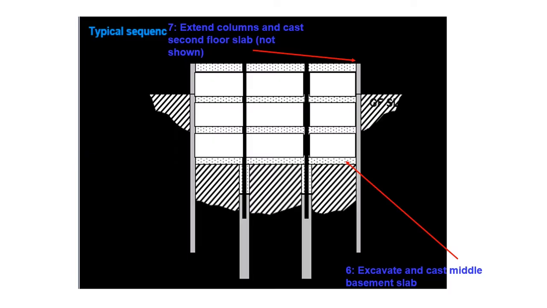Dan kita repeat lagi, sama juga kita akan construct or cast another slab below and then excavate the ground yang dekat sini pula, so that boleh construct another level below.